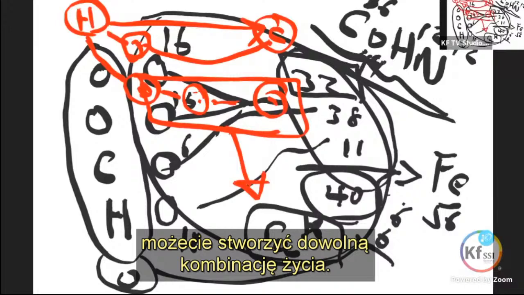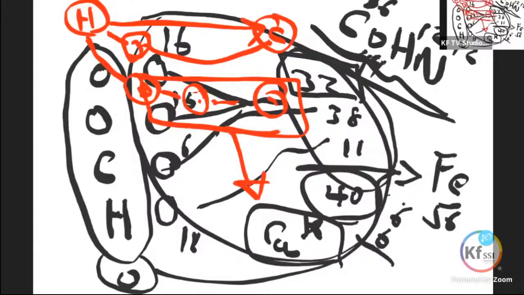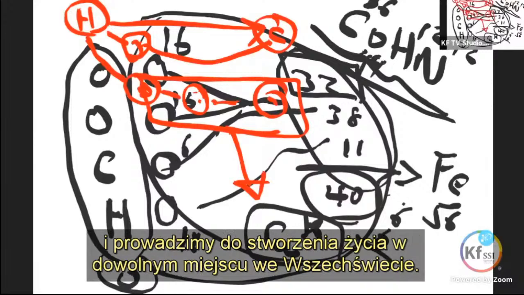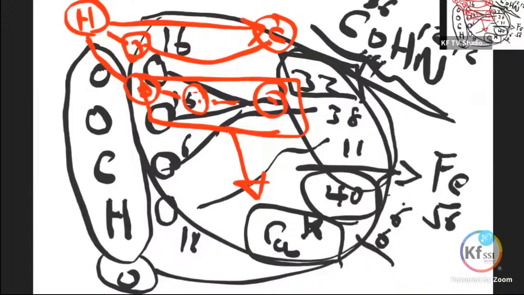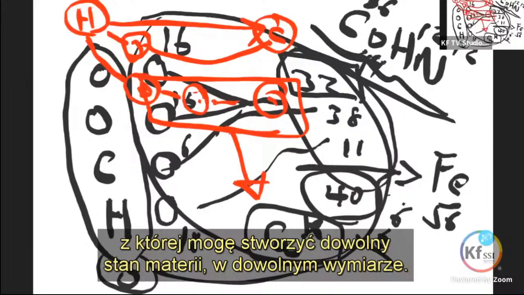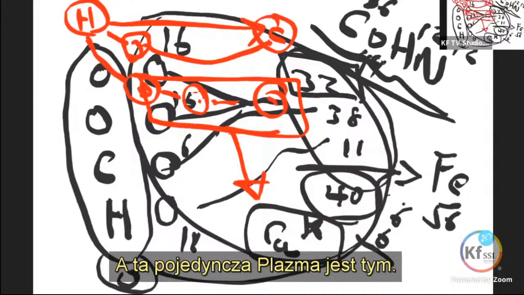You can make any combination of life. And in so many ways, in the interaction of the fields, we bring this process and we lead to the creation of life anywhere in the universe. I need just one plasma, that from it, I can create any matter state in any dimension. And that one single plasma is the creator.